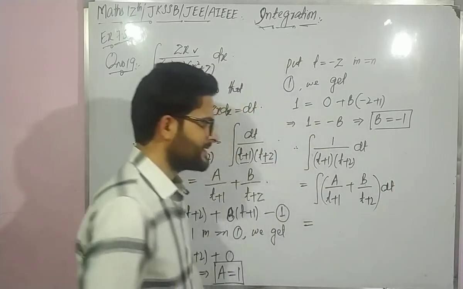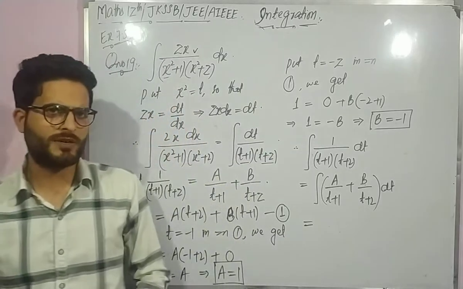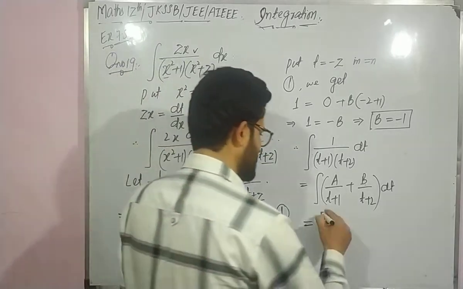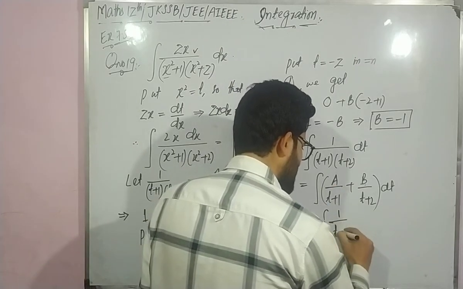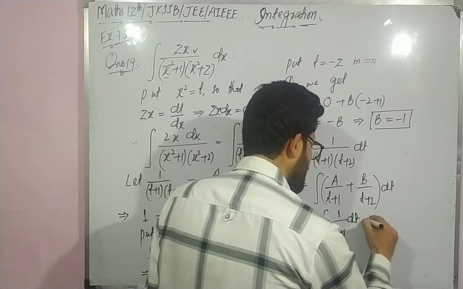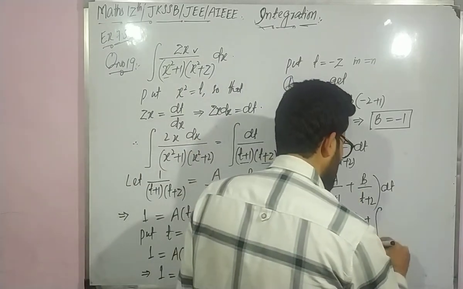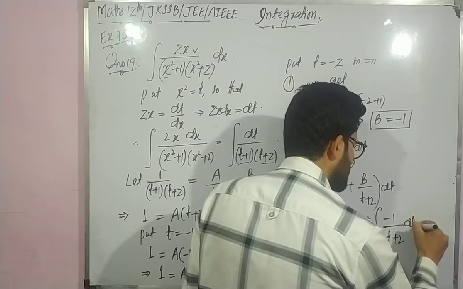This can be written as, since these two terms are connected by addition, the integral must be separated. Separate the integrals, put the value of a and b. This can be written as integration of the value of a is 1, so 1 divided by t plus 1 dt plus the value of b is minus 1, so integration of minus 1 divided by t plus 2 dt.